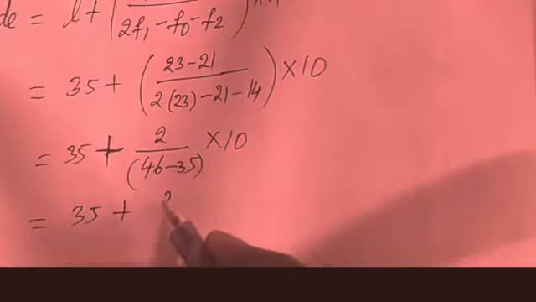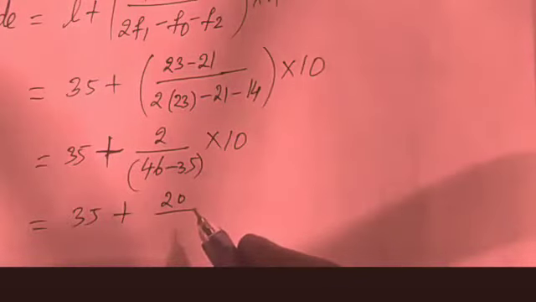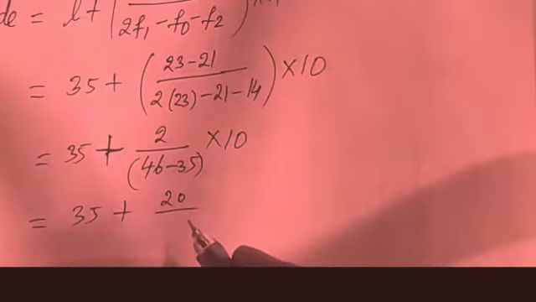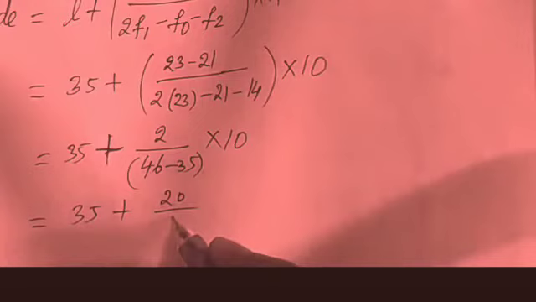Again on simplification, you get 35 plus 20 by 11. 46 minus 35 gives 11.